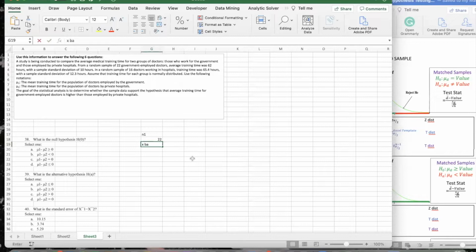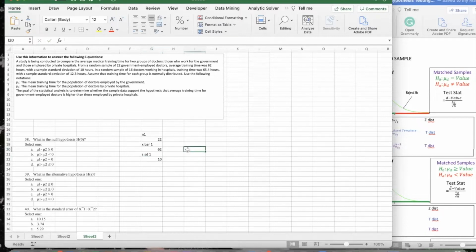So that's going to be X bar 1 of 62. We have a sample standard deviation. So this is really important right here. Sample standard deviation. So I'm going to put S for sample and put SD. So sample standard deviation 1, and that's 10.